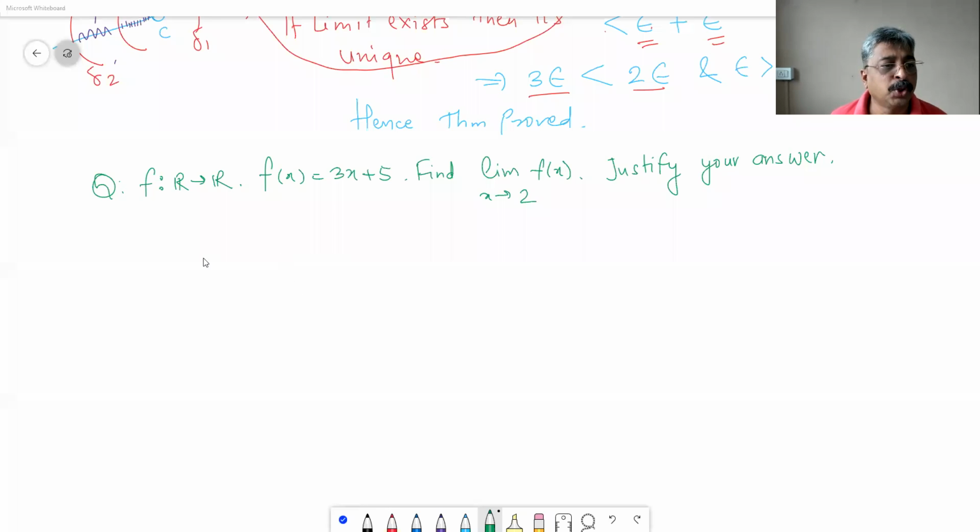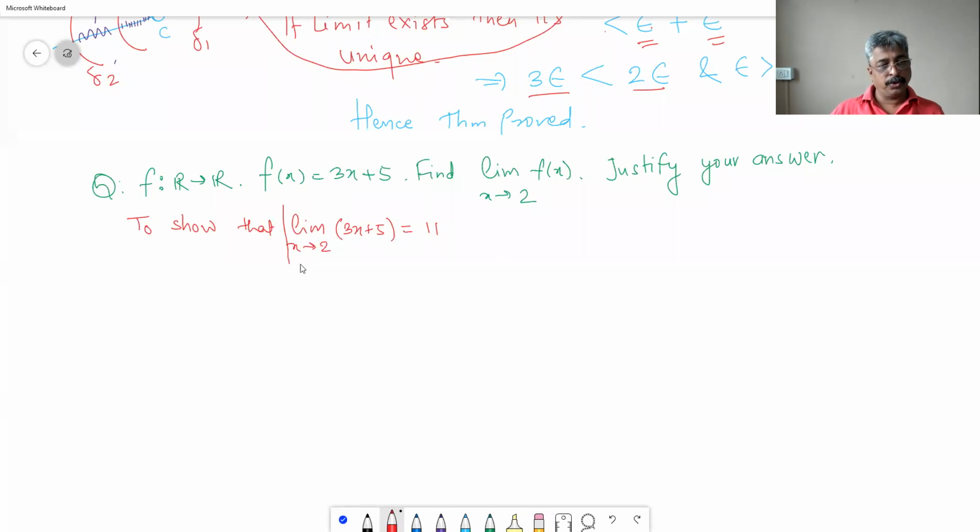Okay, now let me show you how to go about it. Few of you have attempted it and it is more or less correct. We want to show that limit x tends to 2 of 3x plus 5 is equal to 11.